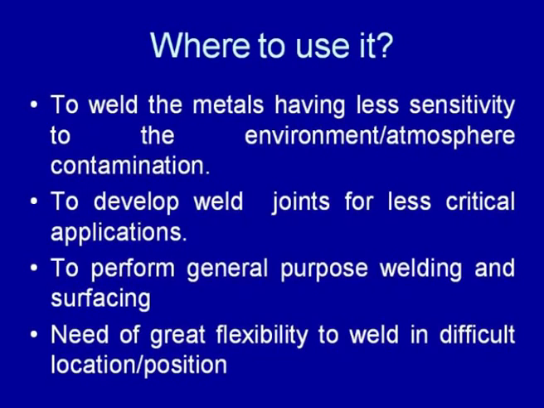Similarly, to develop weld joints for less critical applications, the SMAW welding process is also used, for developing the joints which are considered somewhat less critical in terms of their effect on performance, in terms of their criticality in application from the economical and from the accident point of view.